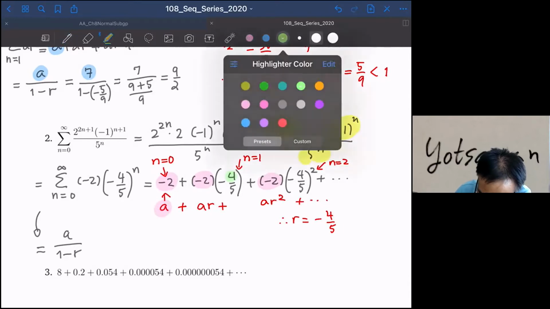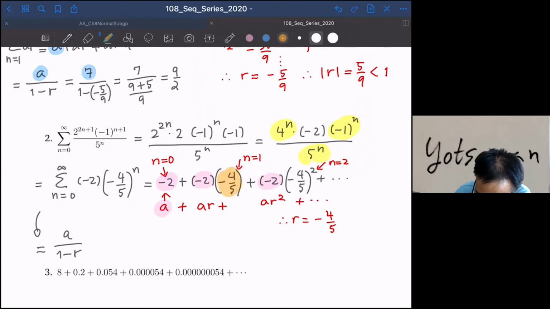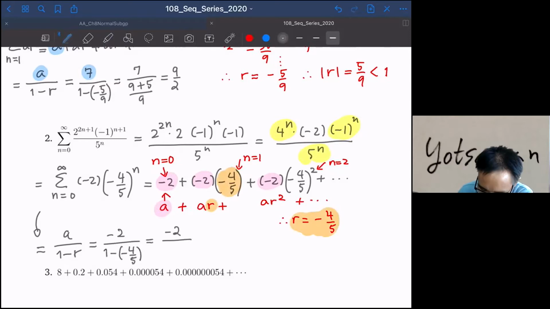So it's gonna be negative 2 over 1 plus 4/5, so it's gonna be negative 2 over 5 plus 4 over 5. So it's gonna be negative 10 over 9. Okay, so that is just the second question. For the next one, you need some analysis on the terms a little bit.